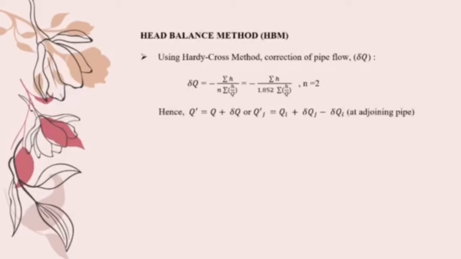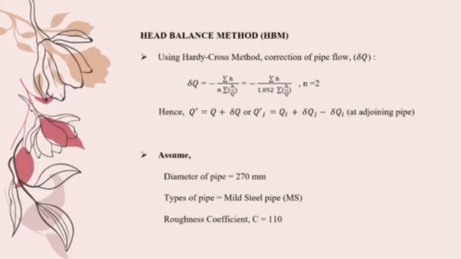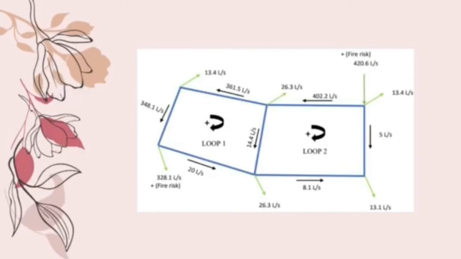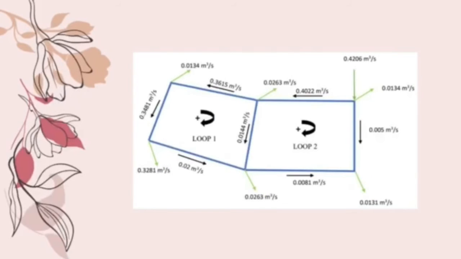Before starting the HPM calculation, we assume the diameter of the pipe is 270 mm, the type of pipe is mild steel pipe, which is MS, and the roughness coefficient C is equal to 110. So, this is the final plan layout that our group will be using for the HPM calculation. We convert litres per day to litres per second, and from litres per second we convert to cubic meters per second.